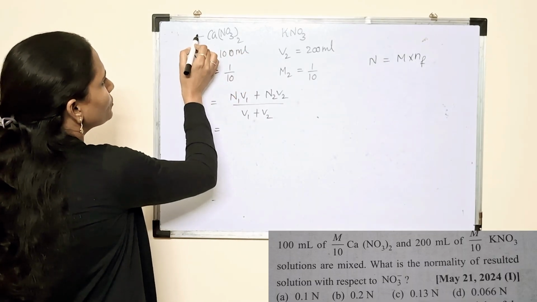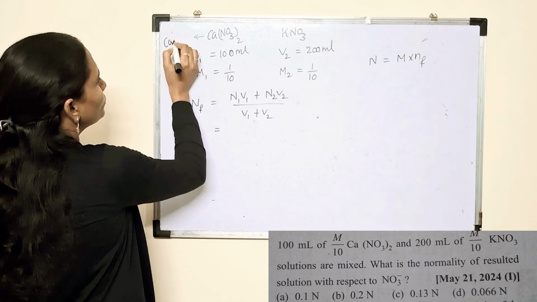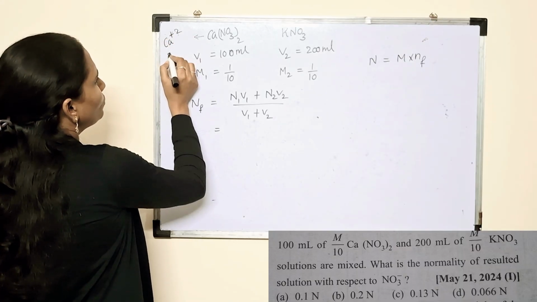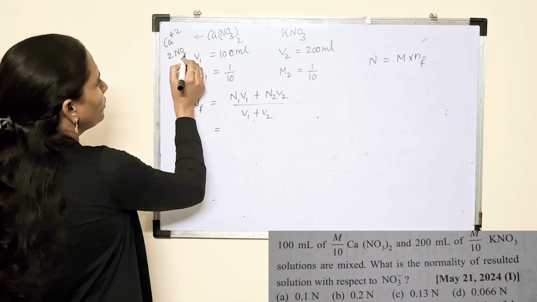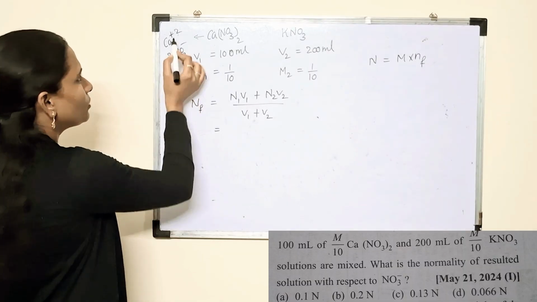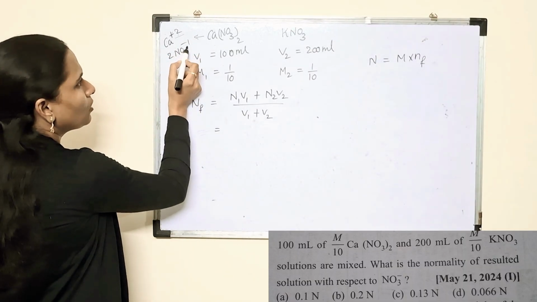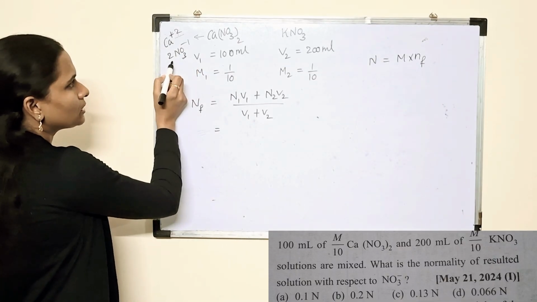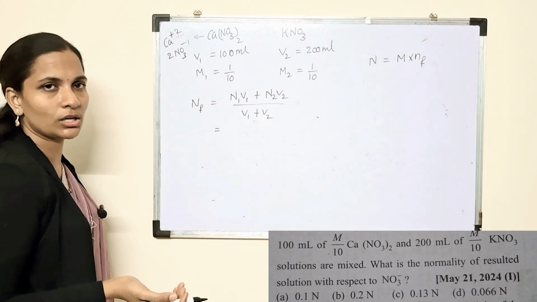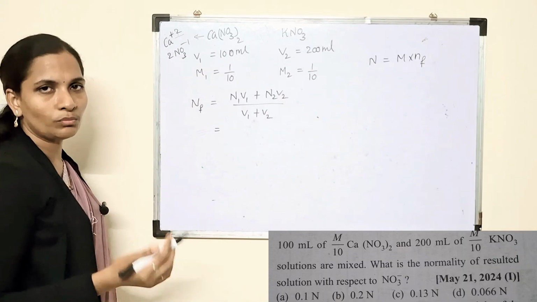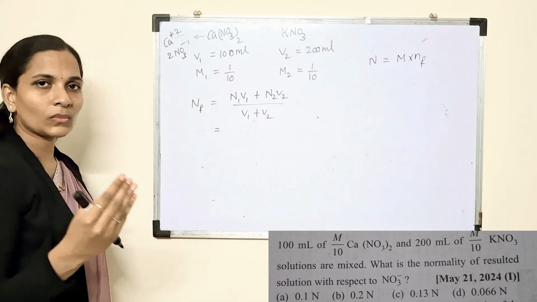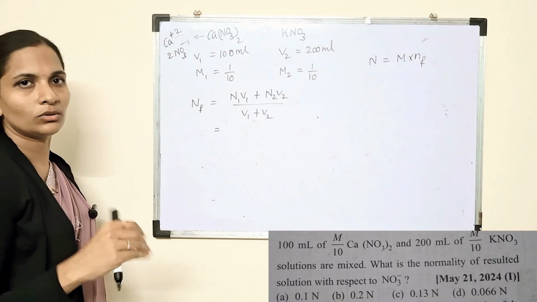Here it will dissociate as Ca2+ and 2NO3 minus. So what is the charge on the cation? That is 2. What is the charge on the anion? 1 only, but here how many anions are there? 2 anions, so the charge on the anion is also 2. Here cation charge is always equal to anion charge.